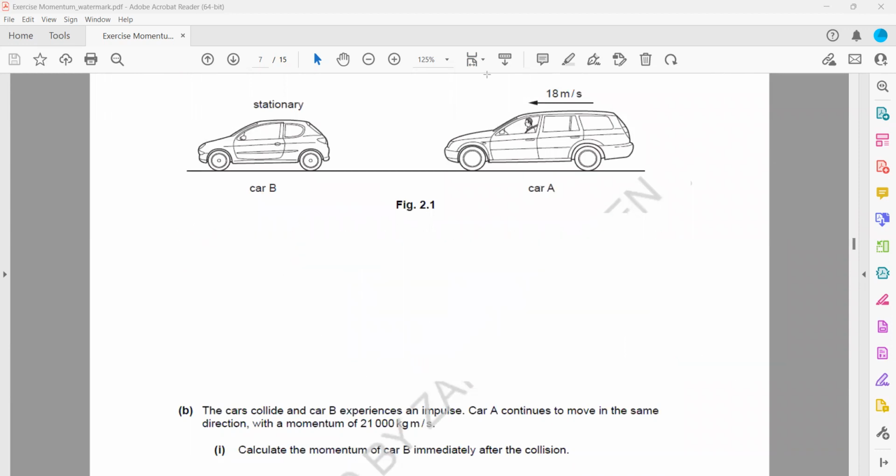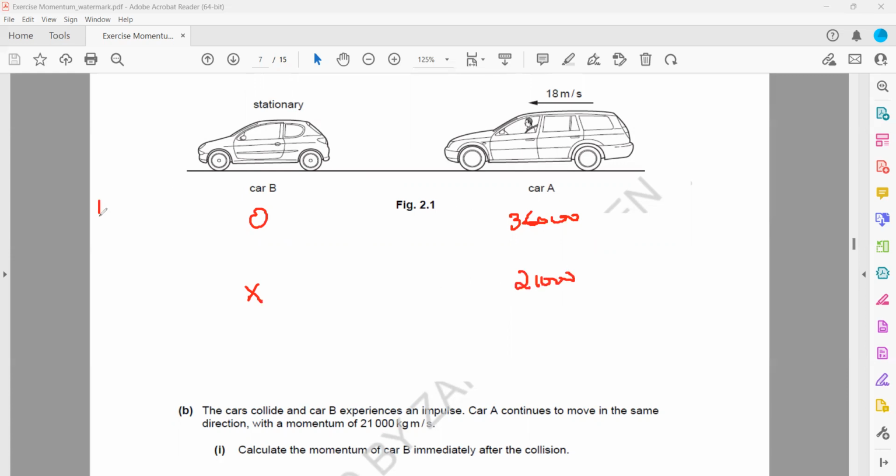Before the collision, this was 0. This is 36,000. After the collision, we don't know its momentum, x, and the momentum of this one is 21,000.